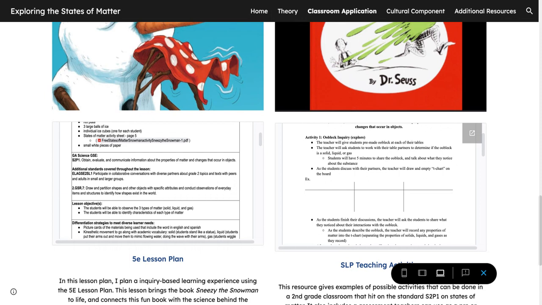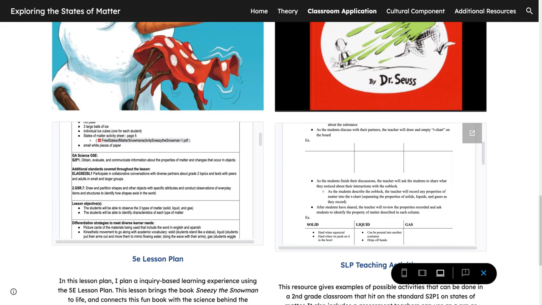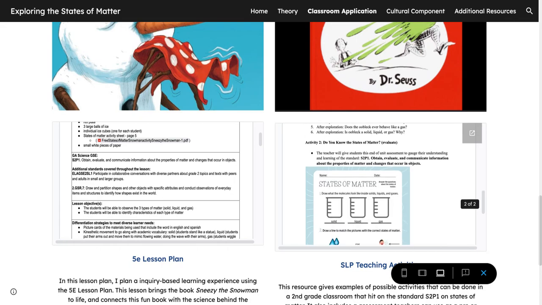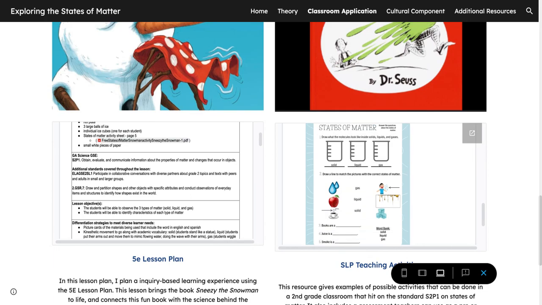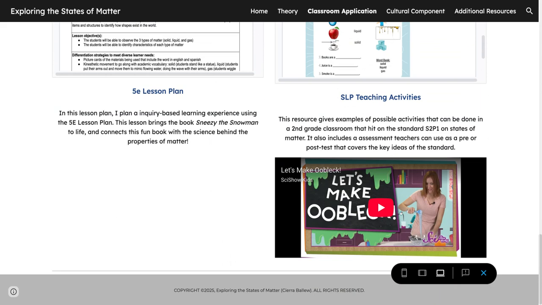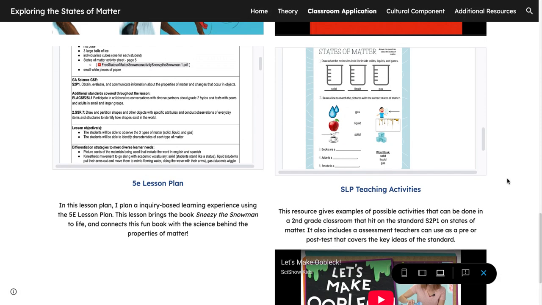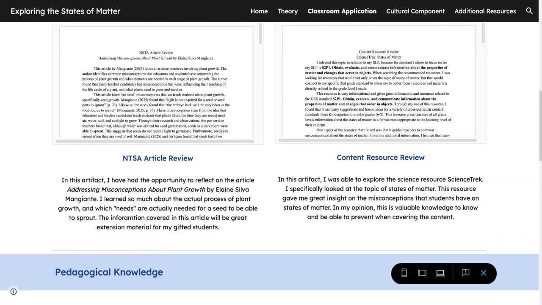And the students can interact with the oobleck for a certain amount of time, and then they have a discussion on what property of matter they believe the oobleck is. And the second activity is a post-assessment, or could be used as a pre-assessment as well, at the end of a States of Matter unit. And then I also included a video that I and my students enjoy about how to make the oobleck if you're interested in that activity.